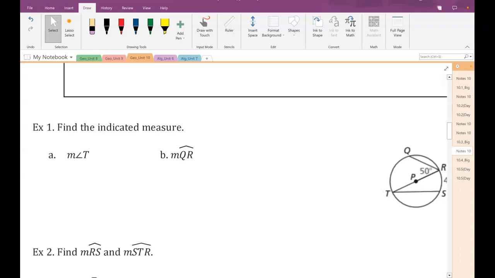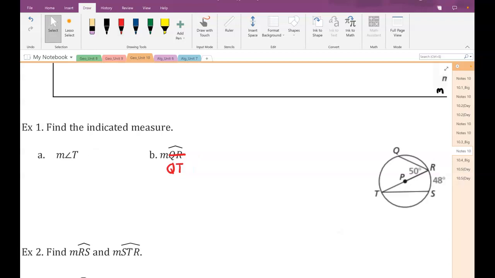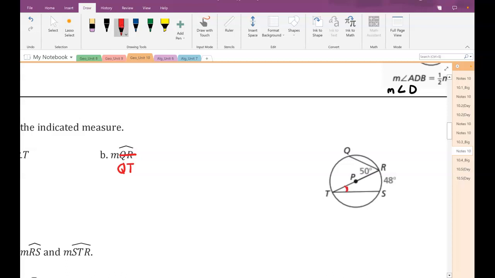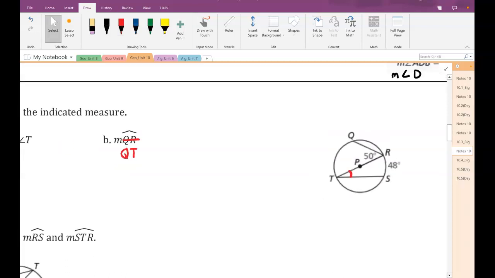So I'm going to make you change, we'll change just one at a time. This should be, instead of QR, it has to be QT. And then we'll change something in problem 2, but we'll do that when we get there. We're going to find two things. First, find the measure of angle T. Angle T is right here. And as we get used to it, I'm going to write out the full version.